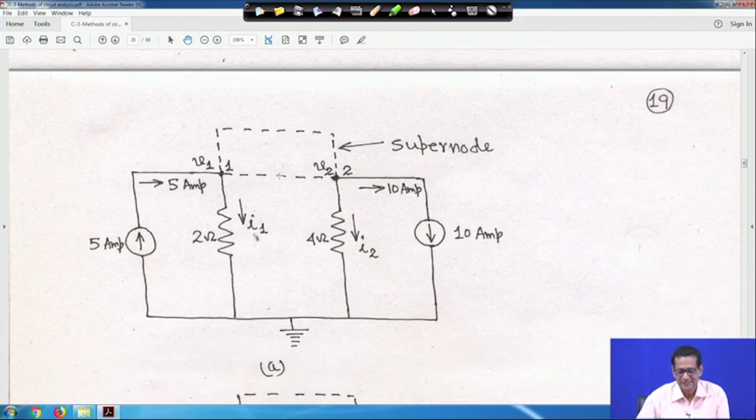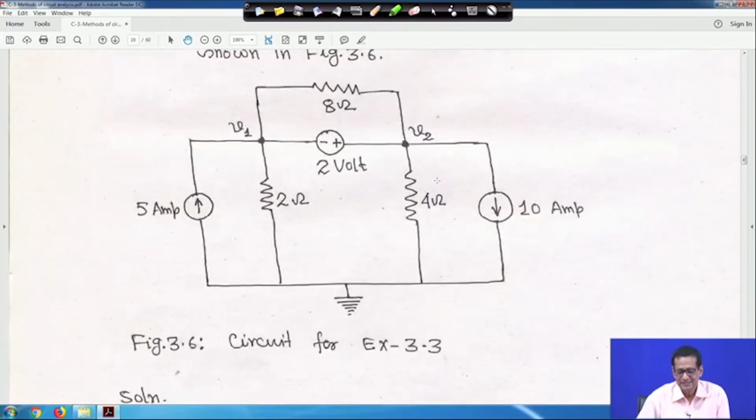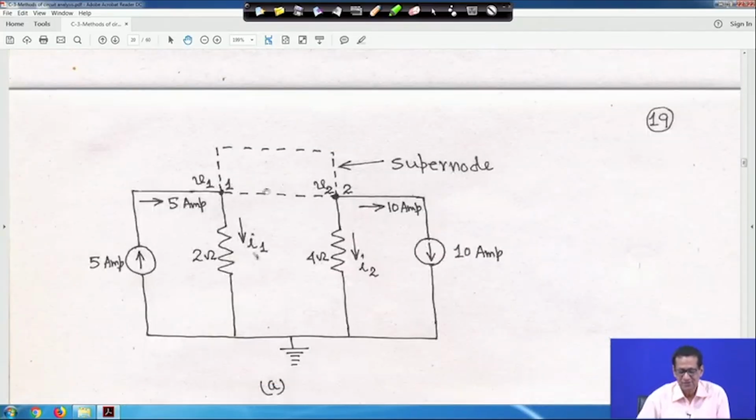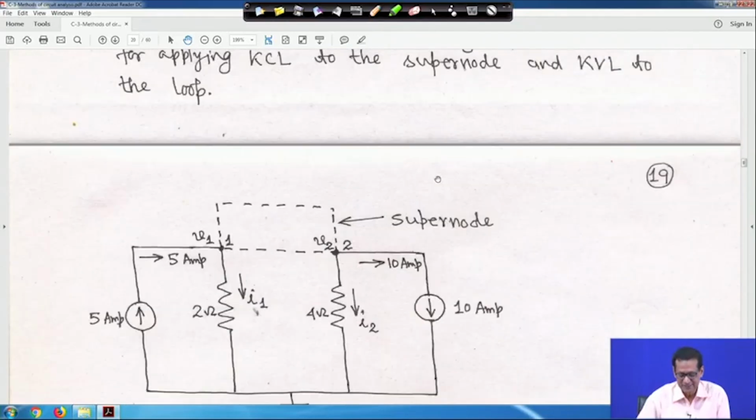The voltage source is not considered, because we have to apply KCL. That is why I have drawn it like this, and this is the supernode, showing which current is entering and which is leaving.